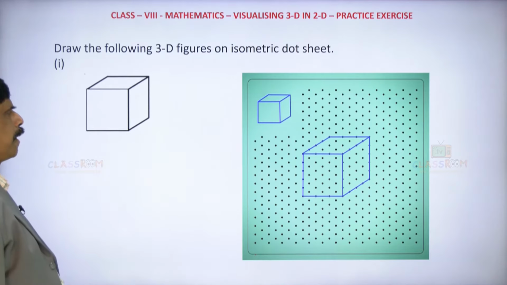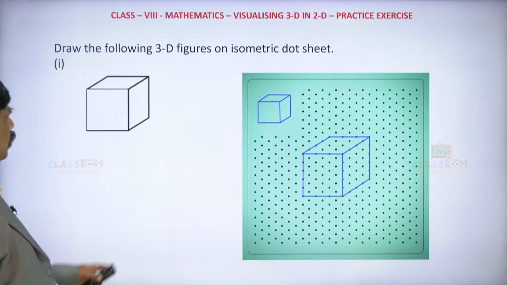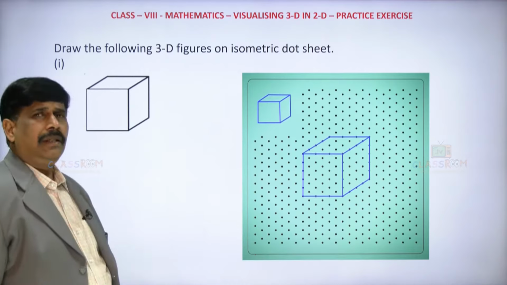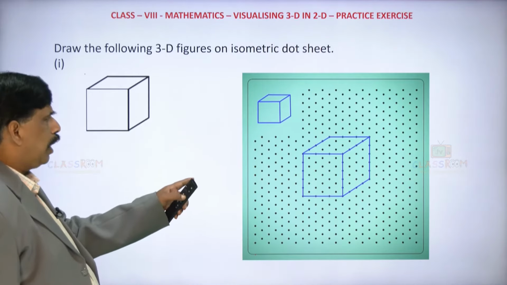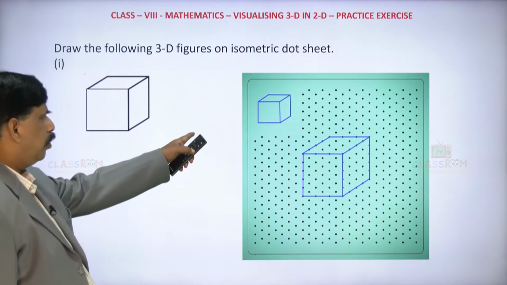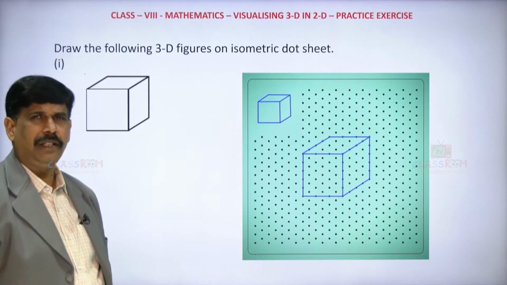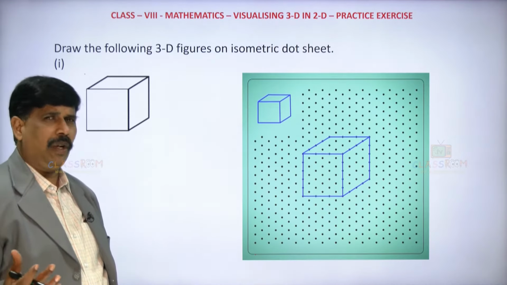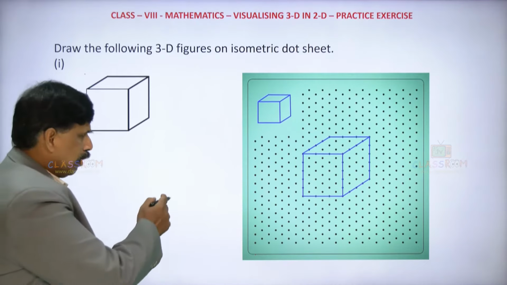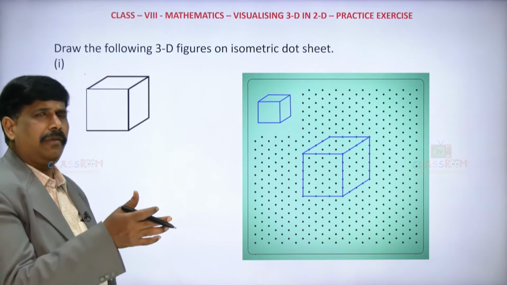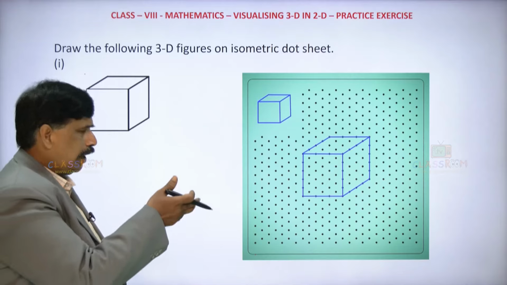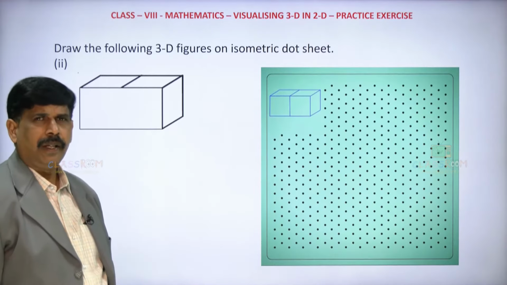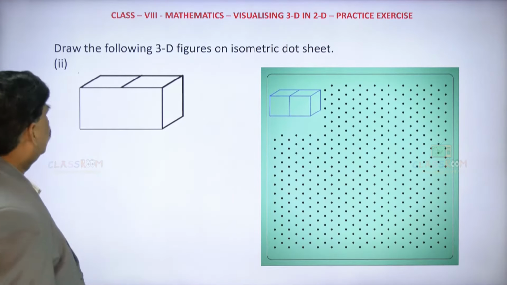Yes. So this is how to draw the given figure by using isometric dot sheet. Is it clear? So take one isometric dot sheet and practice the steps we have shown clearly. So how to draw the first line, second, third, like that you draw it. Clear? See the next one here.